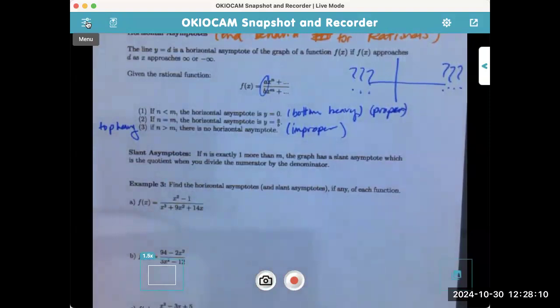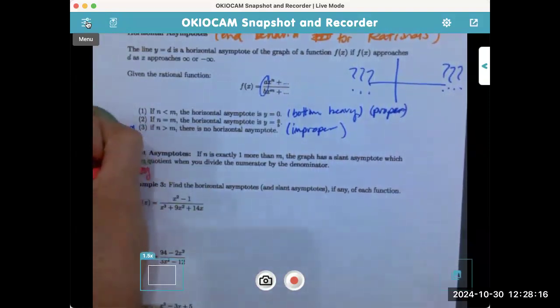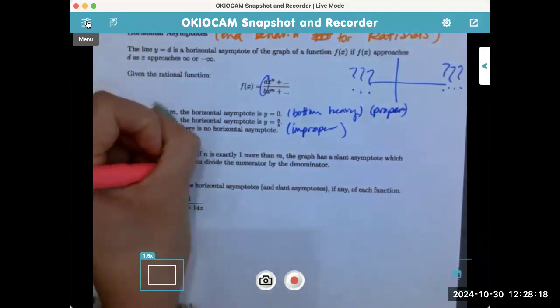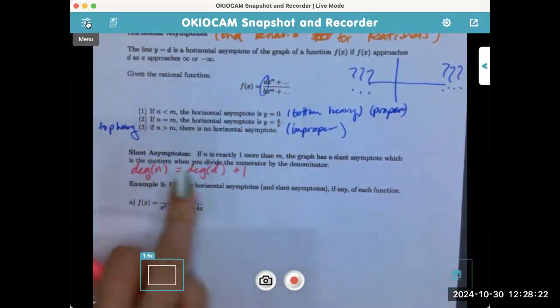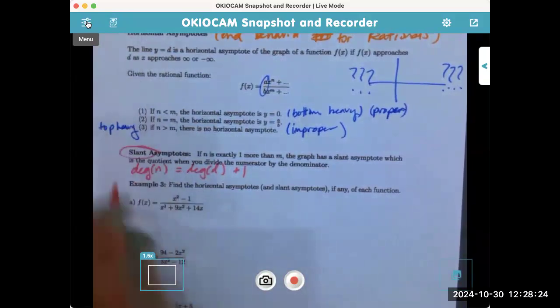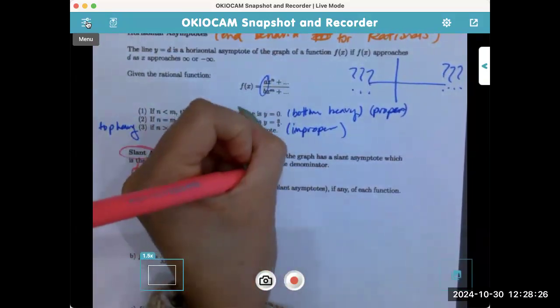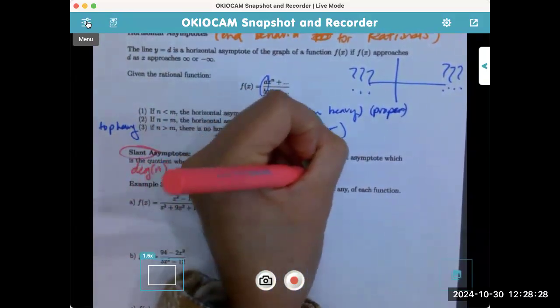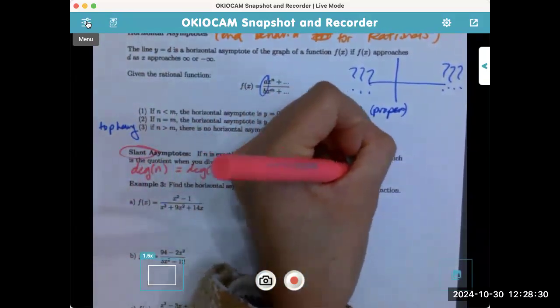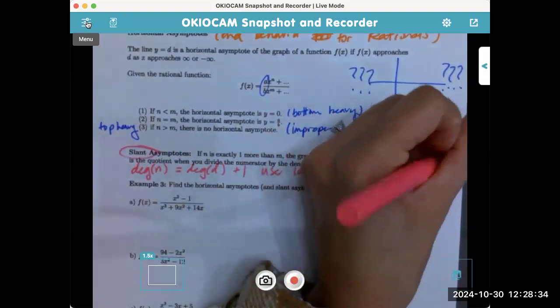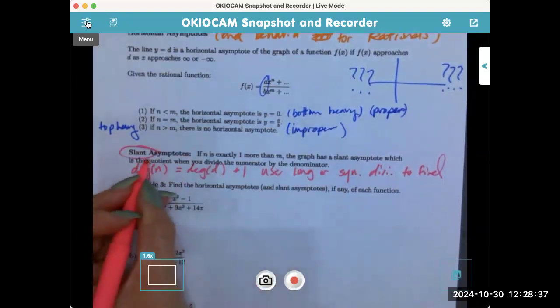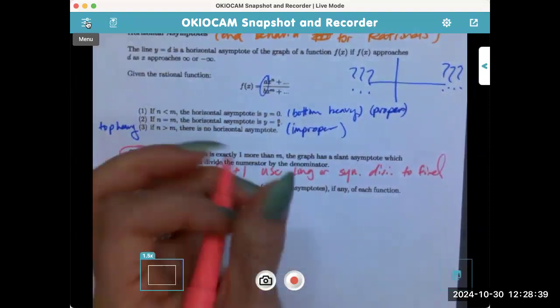So what the heck does that mean? If the degree of my numerator is equal to the degree of the denominator plus 1, so I'm top heavy by exactly 1, then we have the slant asymptote. Then we use long or synthetic division of the polynomials to find said slant asymptote.